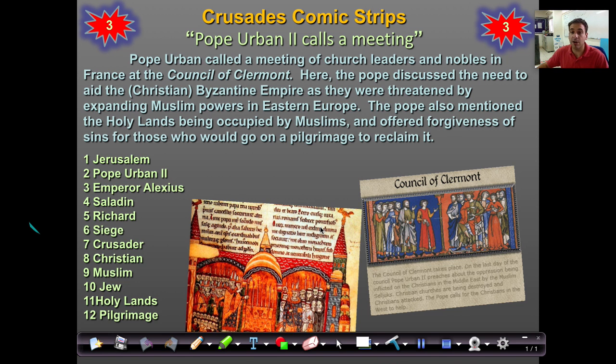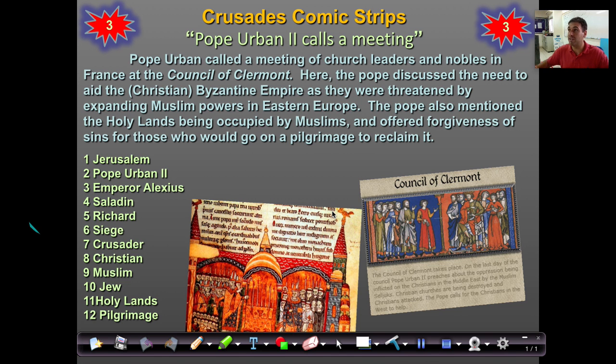Here the Pope discussed the need to aid the Christians of the Byzantine Empire as they were threatened by expanding Muslim powers in Eastern Europe. The Pope also mentioned the Holy Lands being occupied by Muslims and offered forgiveness of sins for those who would go on a pilgrimage to reclaim it.